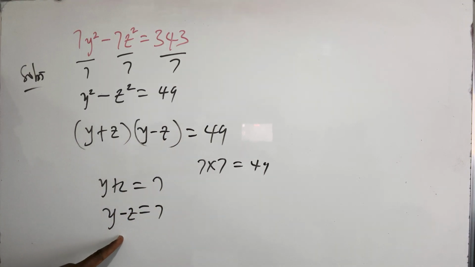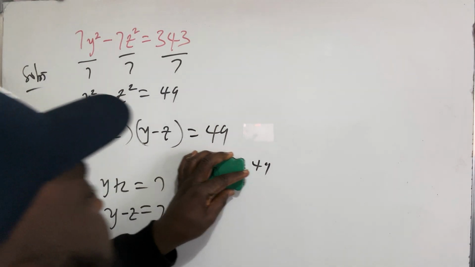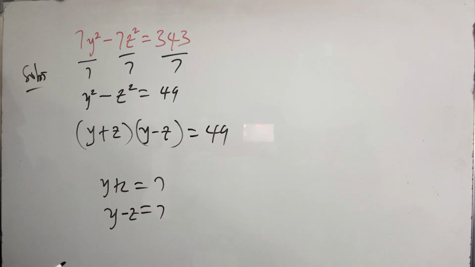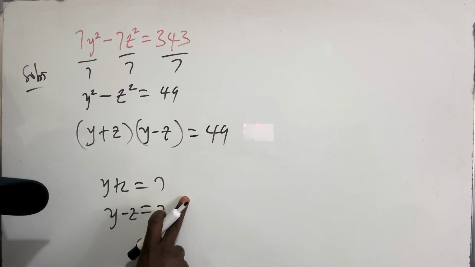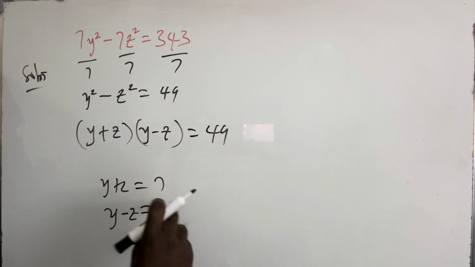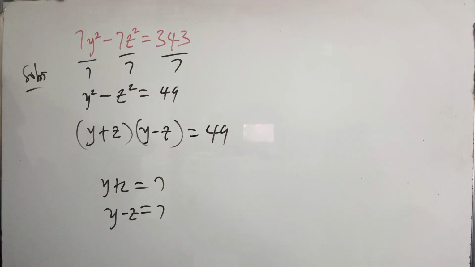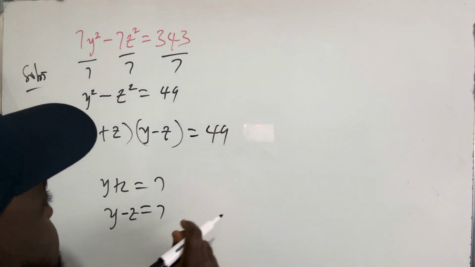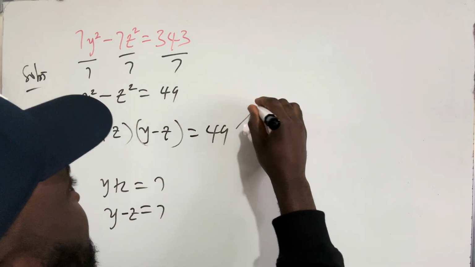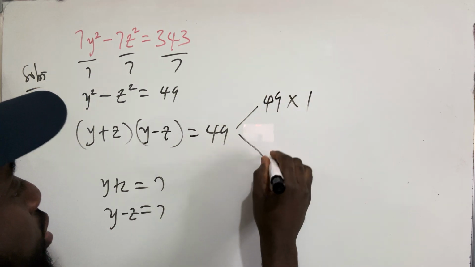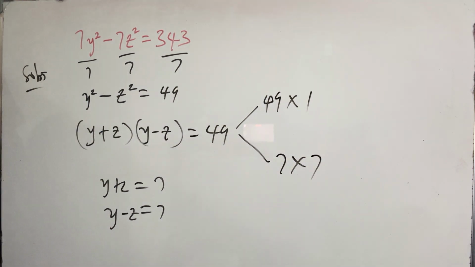But it's common sense that y plus z should be more than y minus z. So there should be two cases here: either we have 49 times 1 or 7 times 7.